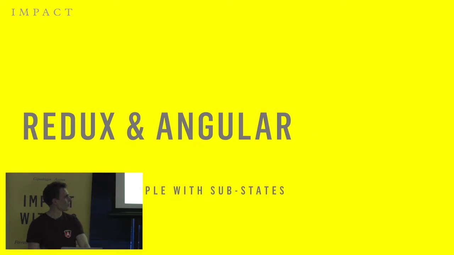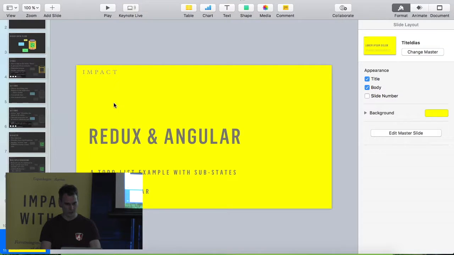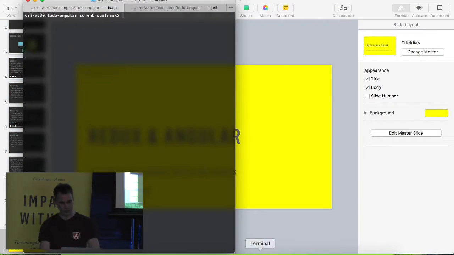And we're going to have another demo, but this one is pre-made. This is to show a more complicated example with substates and an actual Angular implementation. And Angular has some pretty sweet stuff implemented to work together with Redux.